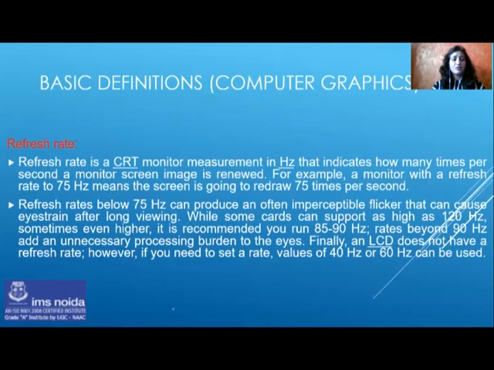Next comes the refresh rate. Refresh rate means how much time is taken by the computer to refresh. That is called the refresh rate, and it is normally measured in hertz. Suppose we say the monitor refresh rate is 75 hertz; it means the screen is going to be refreshed 75 times per second.